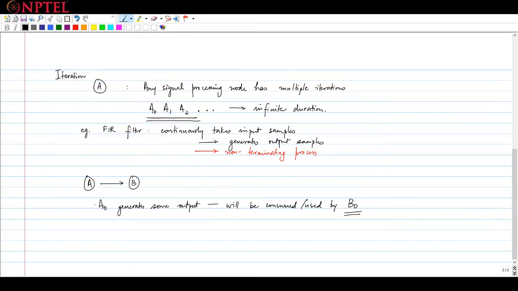I now have A over here and I have B. A0 generates some output data, and this will be consumed by B0, the zeroth iteration of B. Similarly, A1 generates some output, this will be consumed by B1, and we go on like this.